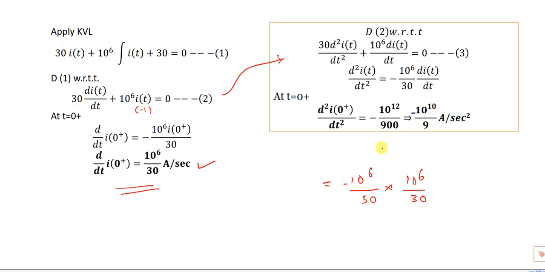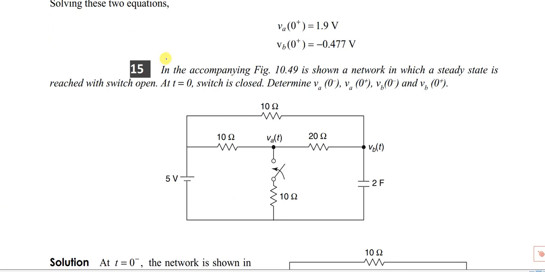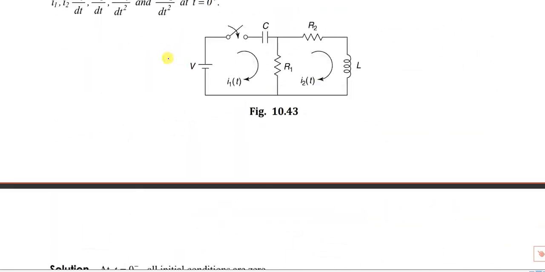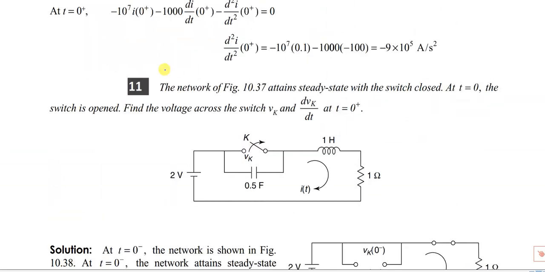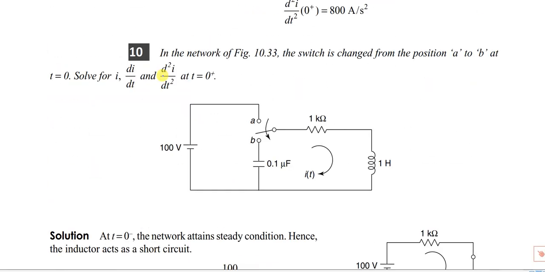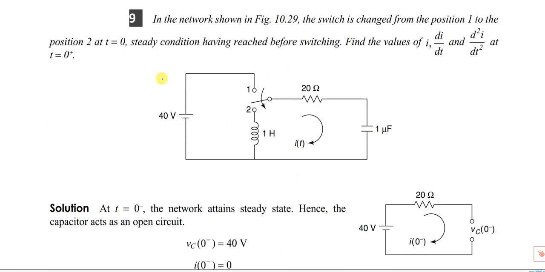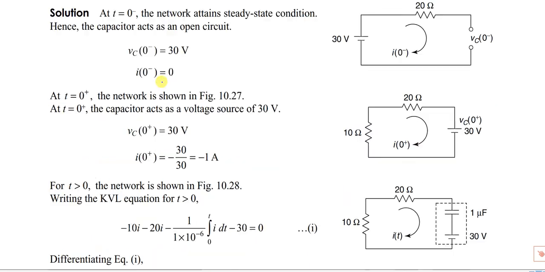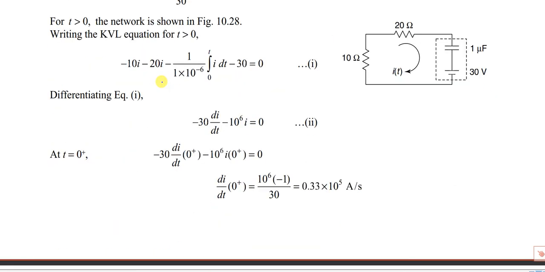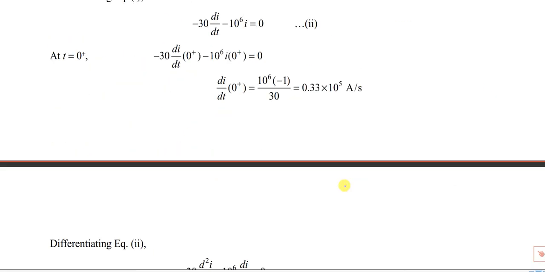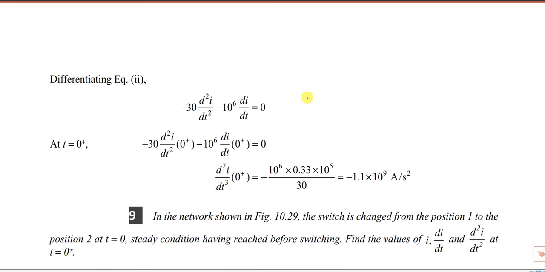Okay, so let us check the answer in the textbook also. We have one textbook here. It's 0.33 into 10 power 5, the same as whatever answer we had given.